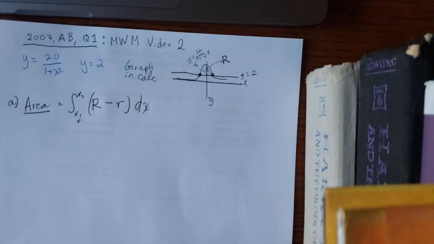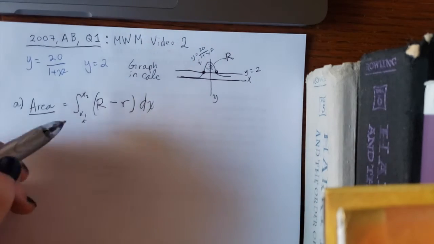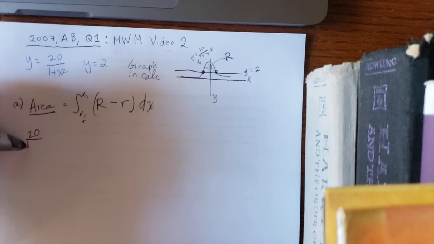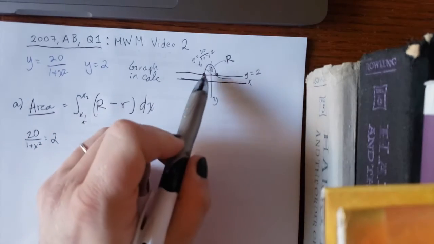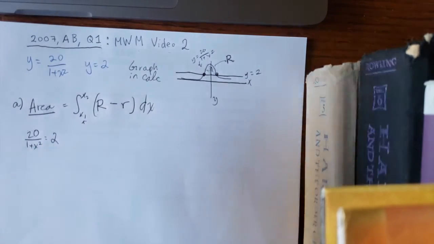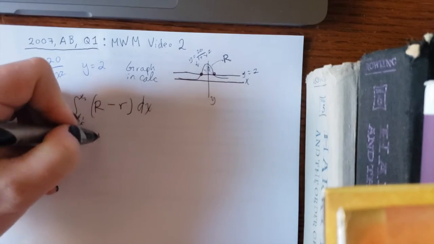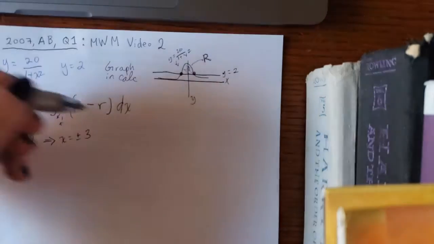If the curves were given in a different way, we might define them differently. I want to figure out those values by setting these equal to each other. Again, this is a calculator problem, so you can do this without doing algebra. You can use the functions in your calculator to find those points. The work we get from that is x is plus and minus 3.